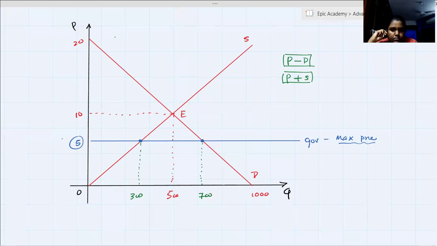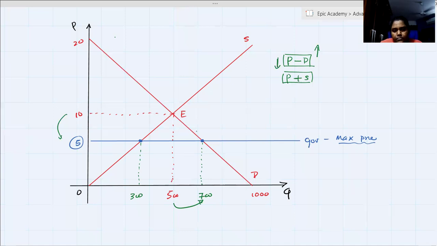So what happened in this market? The price of the commodity reduced. Then what will happen to demand? Demand must increase. So that is why demand increased from 500 to 700.